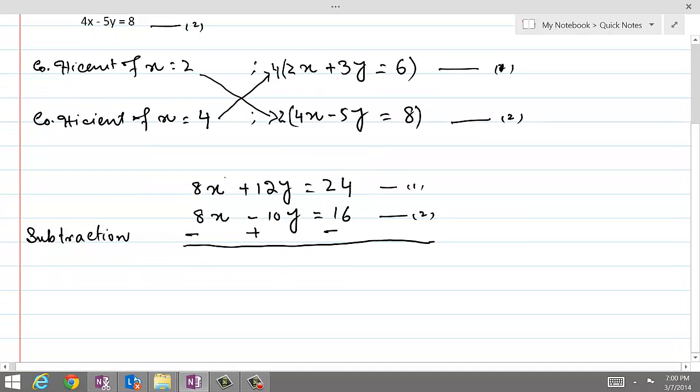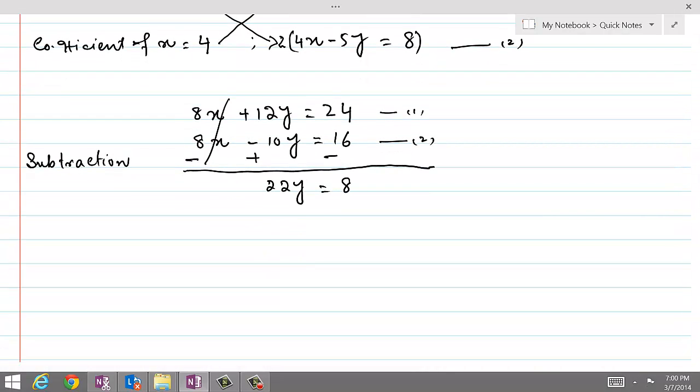So we cancel x: 8x take away 8x will be gone, and 12y minus minus 10y has been changed to plus, so 12 plus 10 will become 22y equal to 24 minus 16, which is equal to 8.